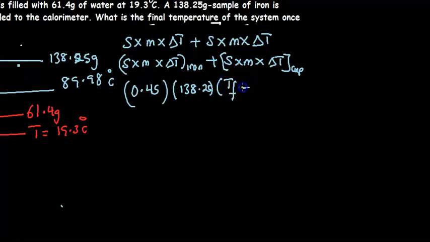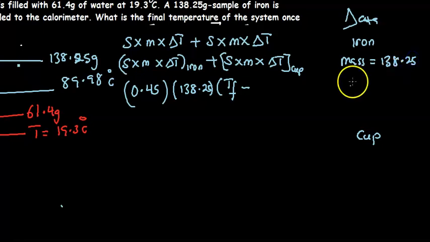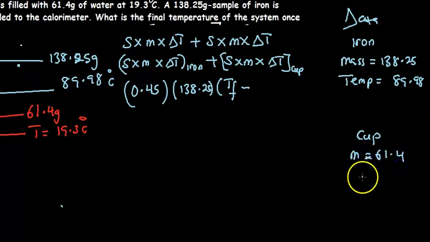But you can choose to write your data for it to be easier. Let's say iron and let's say cup. For iron, the mass is 138.25 and the temperature is 89.98. In the case of the cup, we have the mass to be 61.4 and the temperature is going to be 19.3.